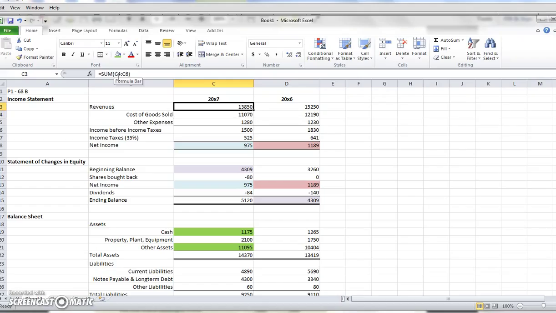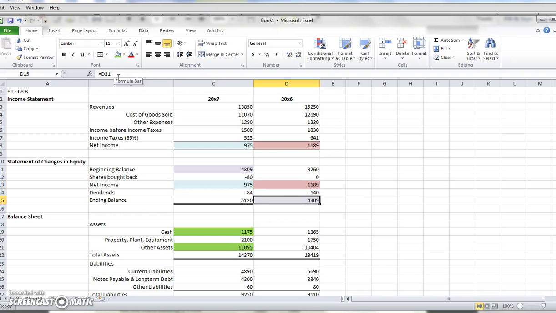So something happened here in year 2000x7. I don't know, maybe marketing didn't do a good job of promoting the product, or maybe there was competition. We don't know. But you can see that's made quite a difference in the net income. Changes in the equity. Because they bought back shares, they really didn't have too much to do, and then it looks like they reduced their dividends.